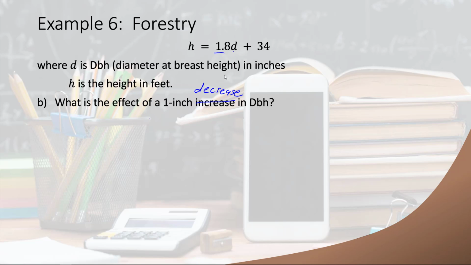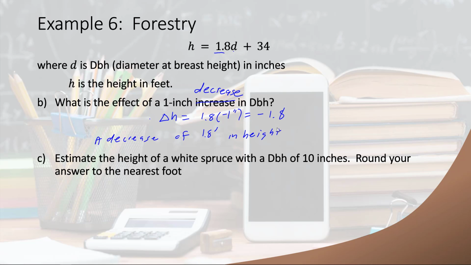Because think about it. If it went down by 1 inch, then the change in height is going to be equal to 1.8 times the change in diameter at breast height, which will be negative 1 inches, and that's going to give you negative 1.8. So there will be a decrease of 1.8 feet in height. Okay, cool.